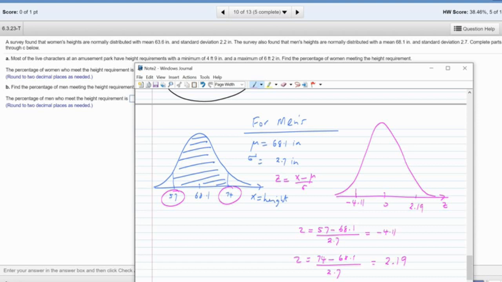So we need this area. Just like the previous example, first we find the area to the left of 2.19 and subtract the area to the left of negative 4.11. So first, the area to the left of 2.19.